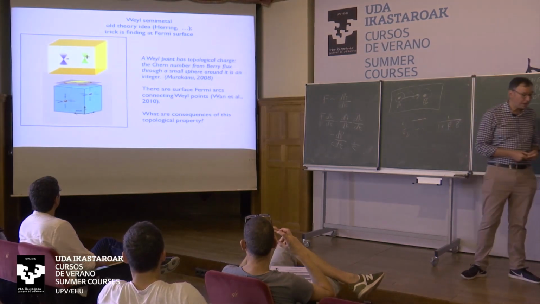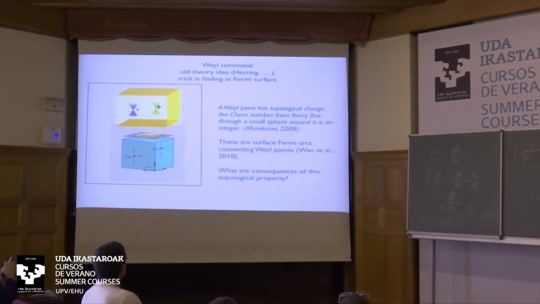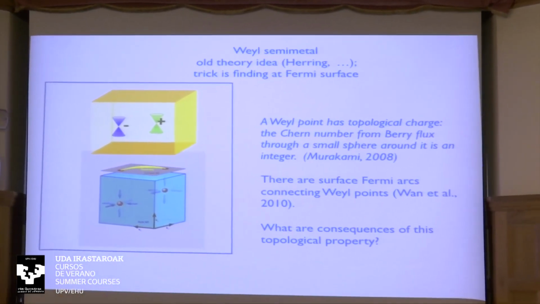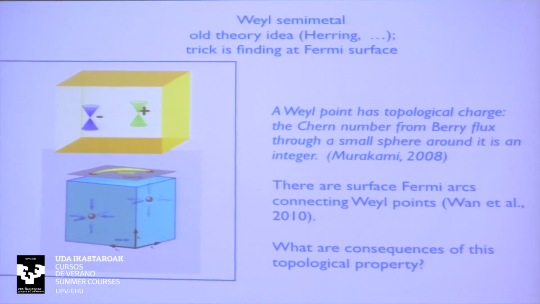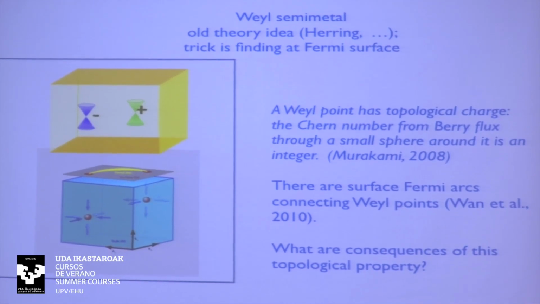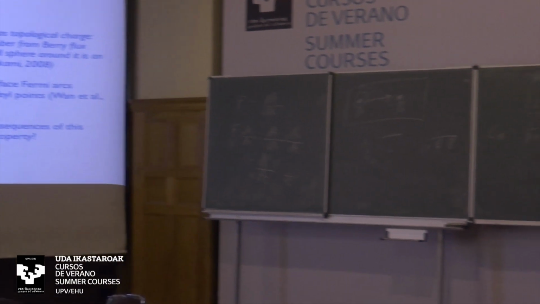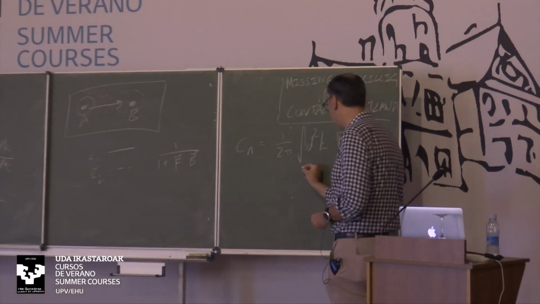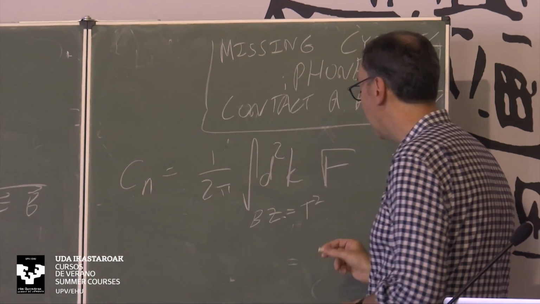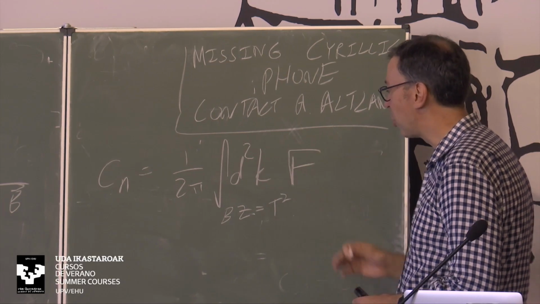Okay, so what's topological about having two bands cross linearly? And here, maybe it's useful to draw a picture. So remember what we said before about the integer quantum Hall effect. The integer quantum Hall effect was that we can get an integer by integrating over the two-dimensional Brillouin zone, which is a torus, the Berry curvature, F, with whatever normalization you like.